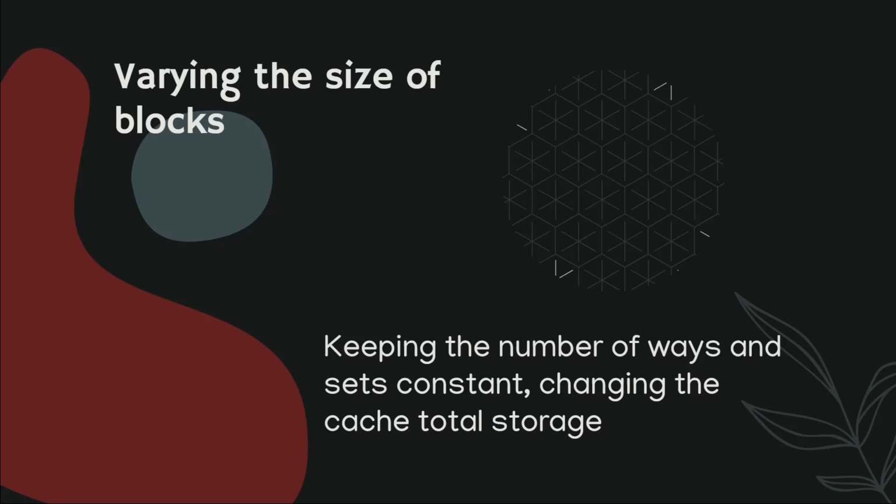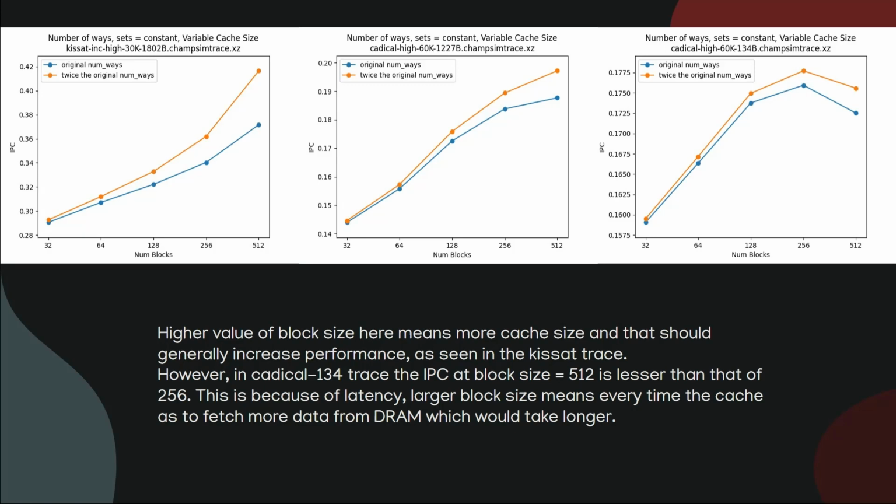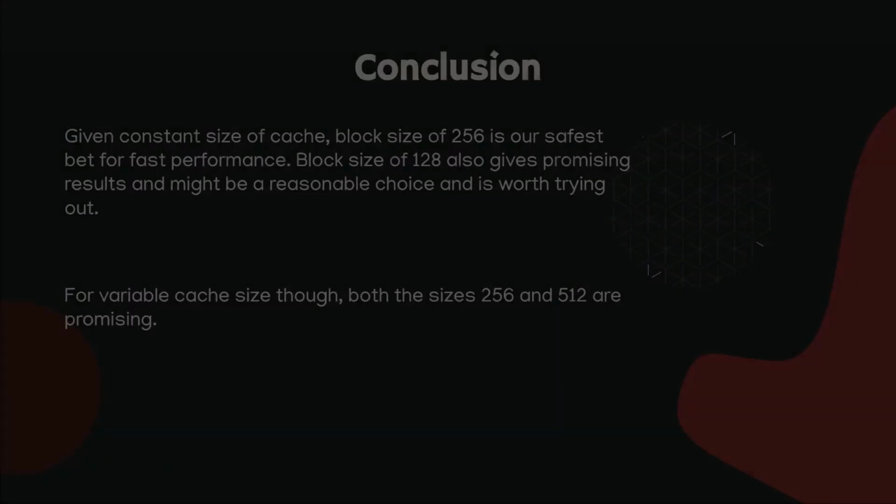So that might decrease our performance, and that's exactly what we observe in Cadical 134B. The 512 block size performs worse than 256. Also, you can note that in Cadical 1227B, the increase in performance from 256 to 512 isn't as good as in the case of KISSAT. So that tells you that 512 may or may not perform better than 256.